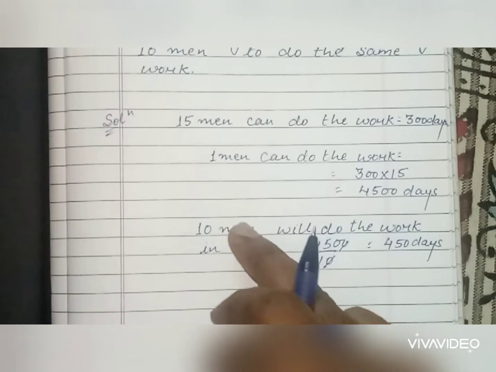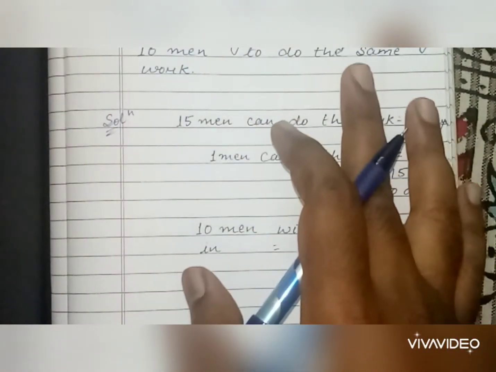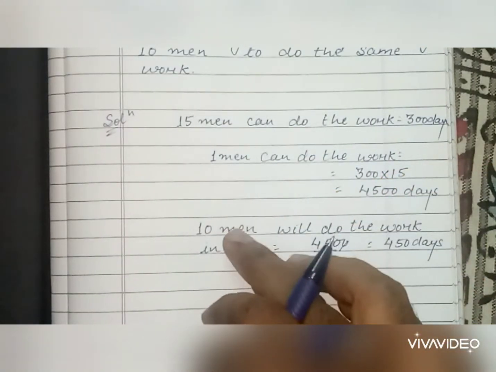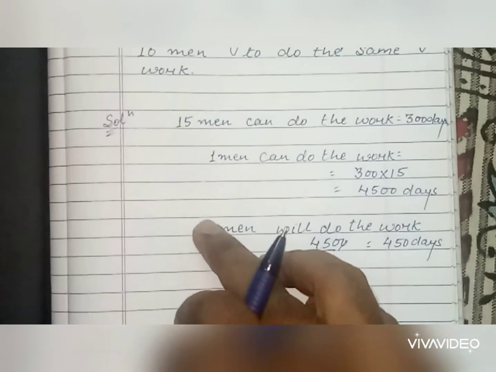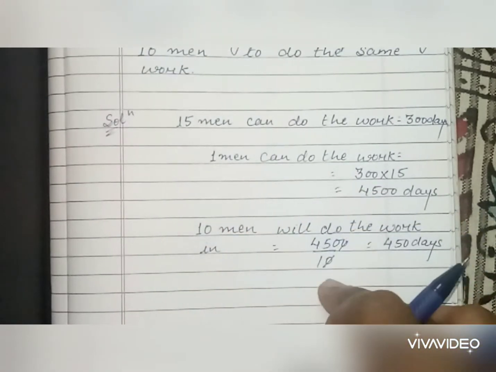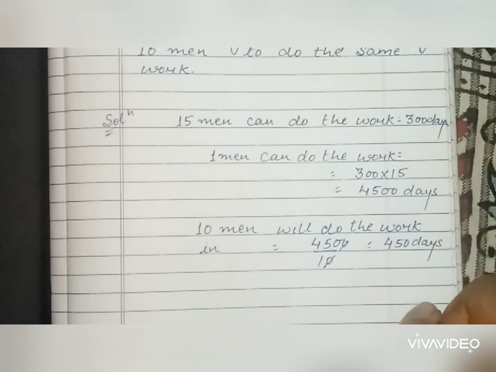Now the question is asking how many days are required by 10 men. So 10 men will do the work in 4500 divided by 10. So your answer is 450 days. I hope it is clear to you.